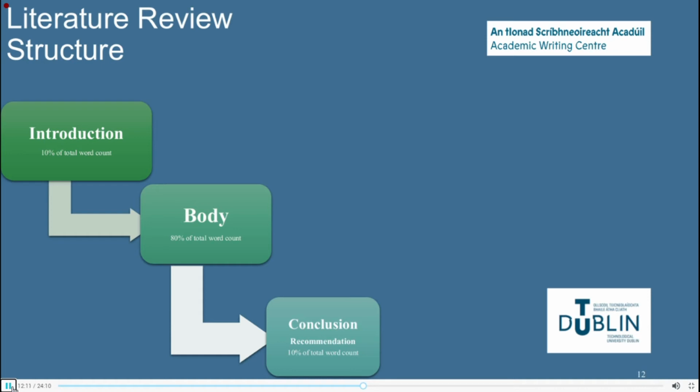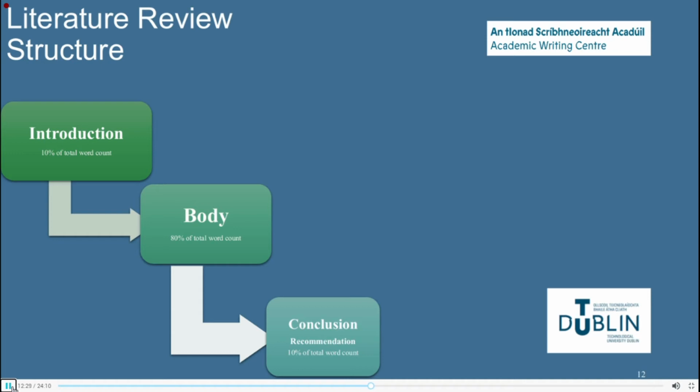So first of all, the introduction. Its communicative function is to include the topic of the literature review, the central theme, and also the organizational pattern that you have adopted for your literature review.